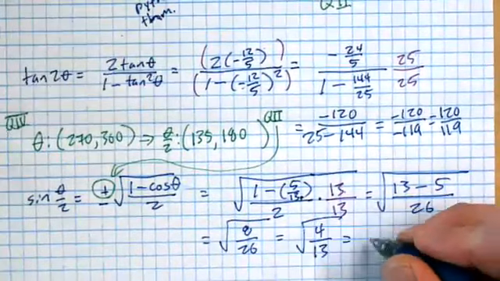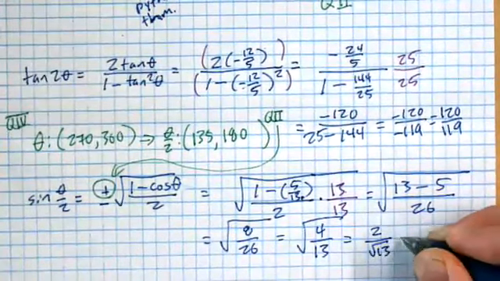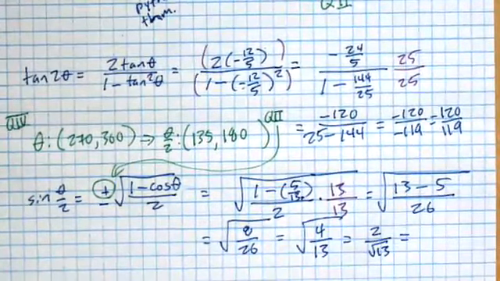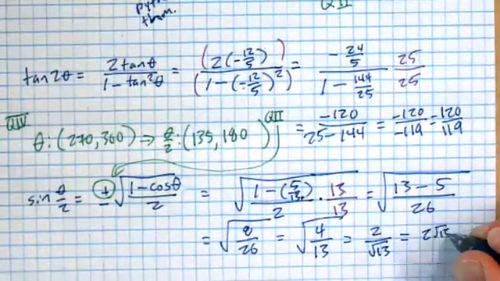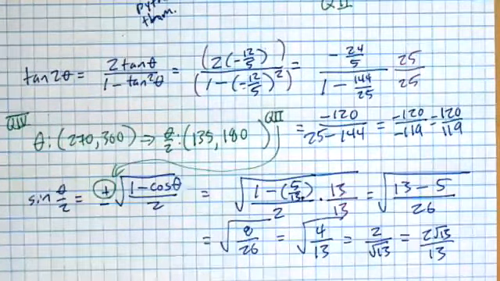Ooh, I know the square root of 4. That's 2. 2 over root 13. And then rationalize that. That's 2 root 13 over 13. Fun.